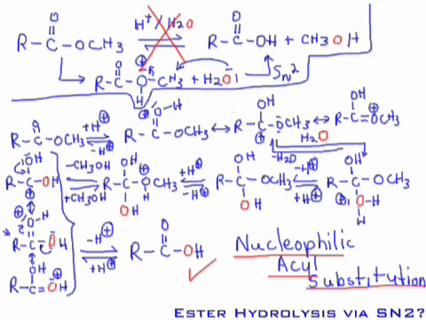And one might argue that since water nucleophilically attacks this carbon right here, if this R group put steric bulk around that carbon, making it harder to attack, perhaps then it would attack the OCH3.